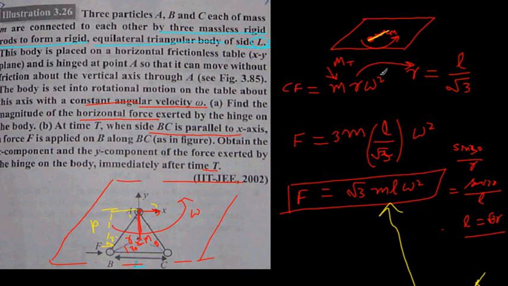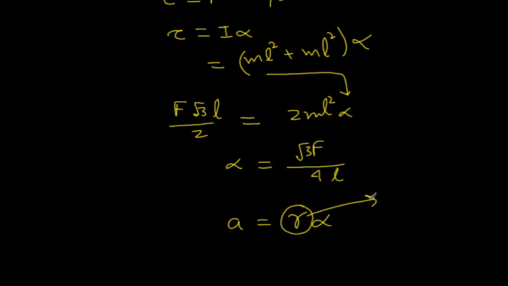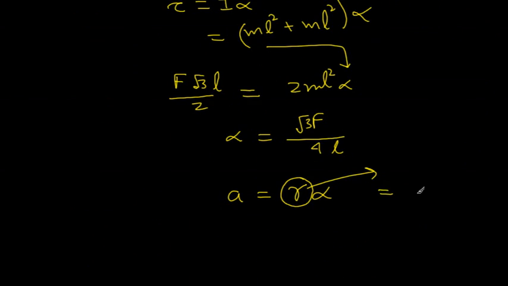So a is L alpha by root 3. If you put the value here, root 3 will get cancelled, and a is equal to F by 4m.